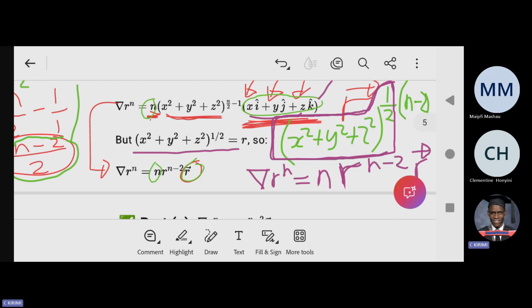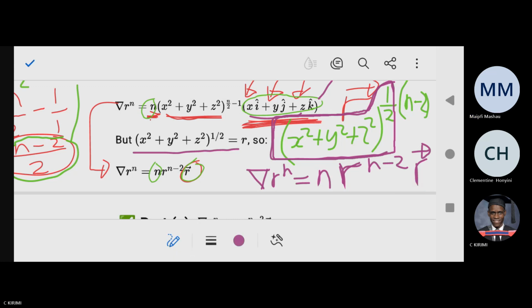What happened to the half that was multiplying the n minus 2? Remember, you told us that it can also be written as half multiplied. The half which is multiplying is this half, which is here.